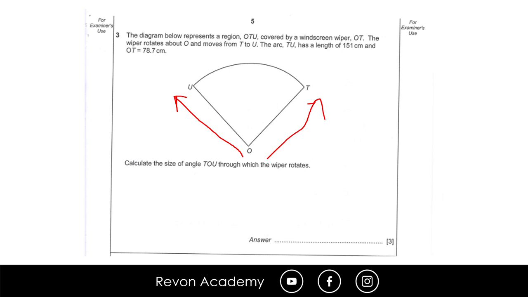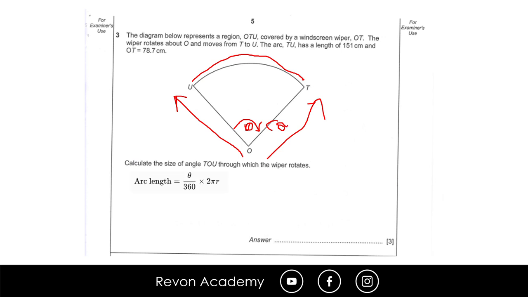The question now says, calculate the size of angle TOU through which the wiper rotates. So we are basically looking for this angle here, and fortunately they have given us the arc length, from U to T, and we also have the radius, so it's going to be easy for us to calculate.